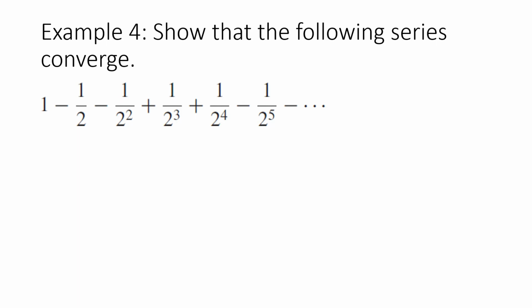So the theorem can be applied because in the previous example, this is a convergent geometric series. Since this is a convergent geometric series, we could say that the series converges absolutely.